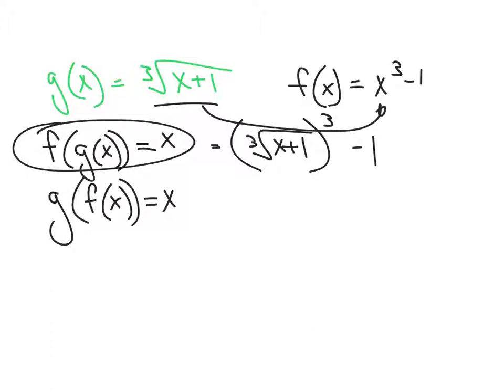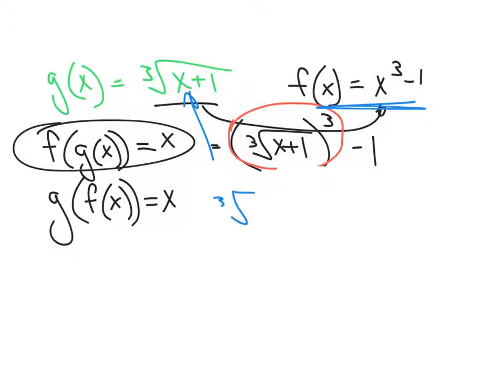All right, and just real quick to solve this, the cubed root of anything cubed is actually everything without the sign. 1 minus 1 is 0, so we just get x there. So we did get an x when we did that top one. All right, let's do the bottom one. Okay, we're going to do it a little bit different. We're going to take our f of x, and wherever we see an x here, we're going to put that in its place.